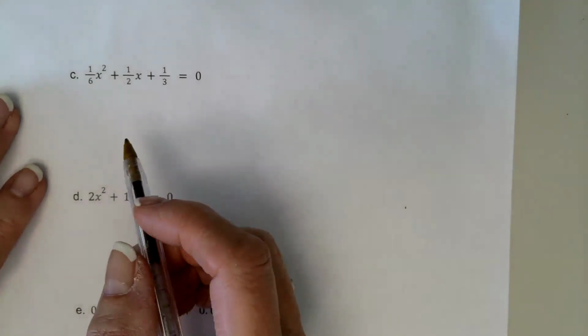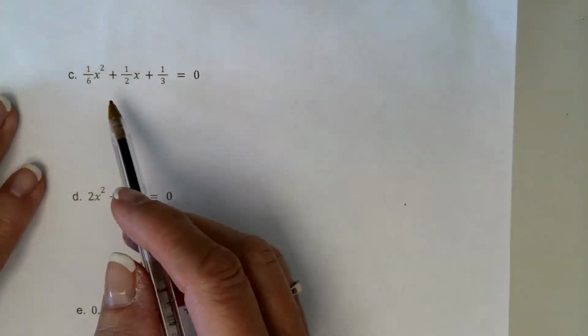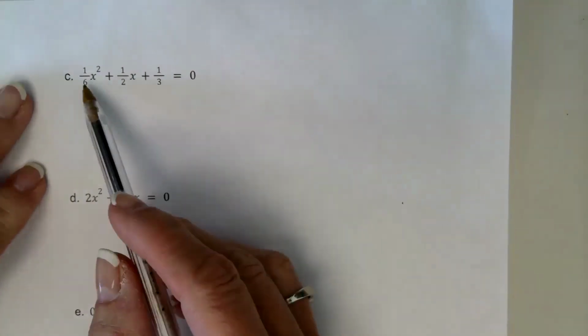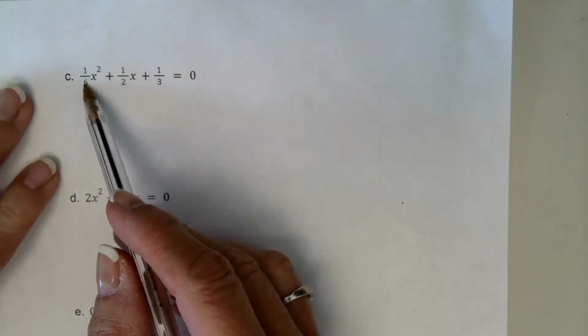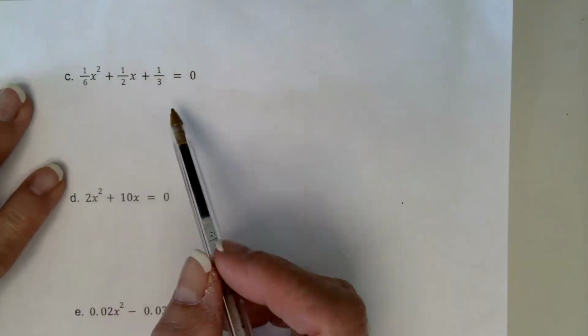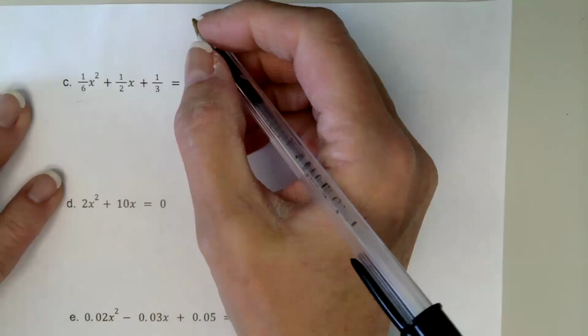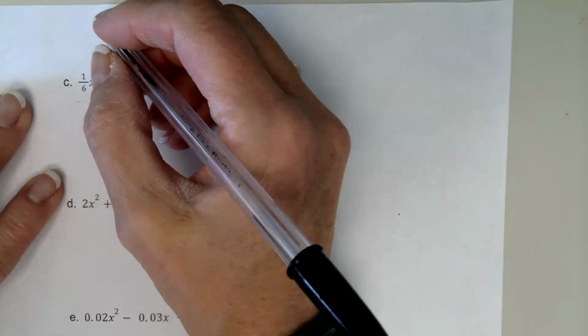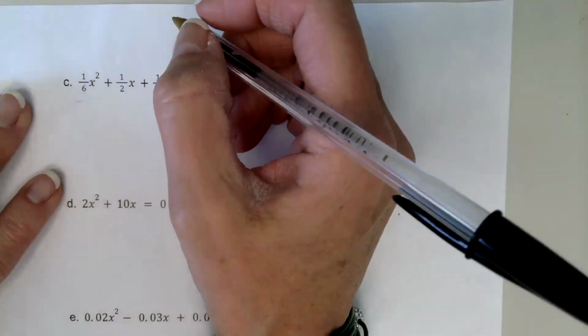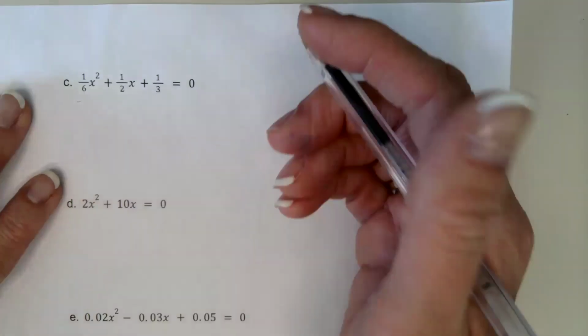Let's look at C. So the first thing I would do here is I would multiply through by the LCD to get rid of my fractions. Well, for this purpose, let's just leave them as fractions.